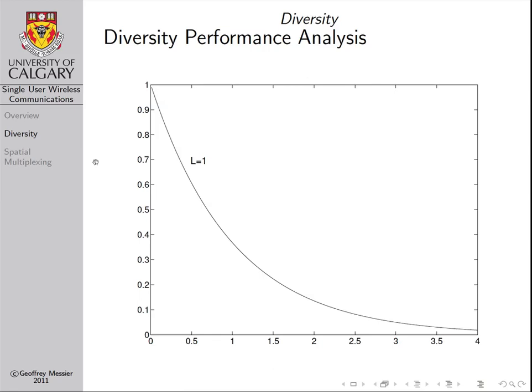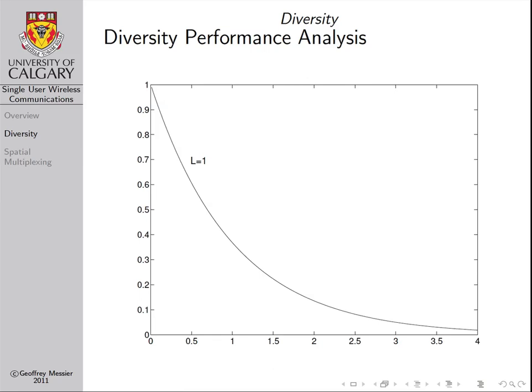So what we're showing on this slide is a chi-squared distribution where L is equal to 1. So we have a diversity system with just a single path. Now, normally if we only have one diversity path, we wouldn't call this a diversity system at all. And in fact, a diversity system with one path is equivalent to the original BPSK bit error rate derivation that we did at the start of this module.